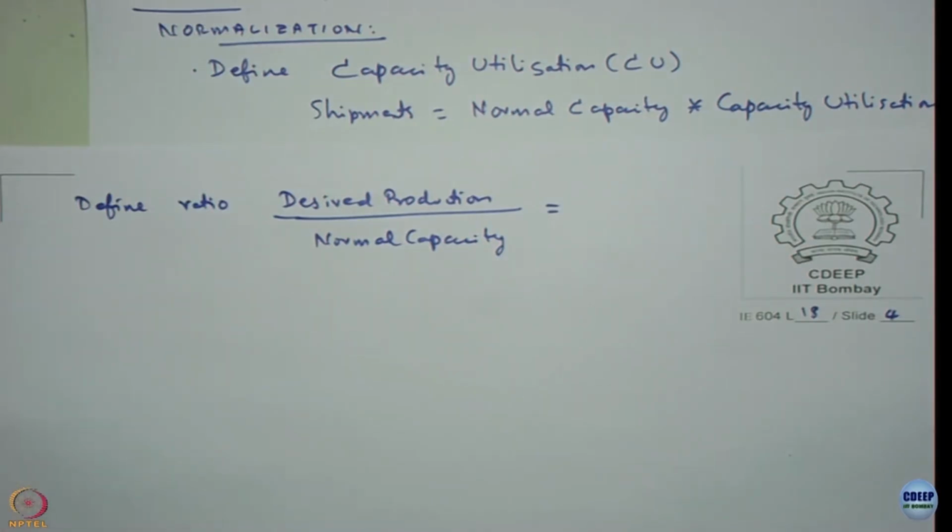Suppose desired production is lower than my normal capacity, then we say okay, they must be able to produce the order as per the target delivery delay. If the desired production is much larger than the capacity, then we don't know they will produce as per capacity, but it never typically works like that, and it is because as we get busier and busier, your marginal improvement comes down, right.